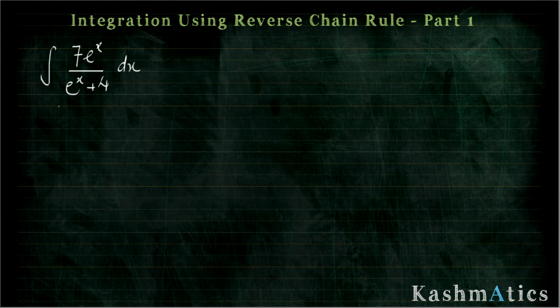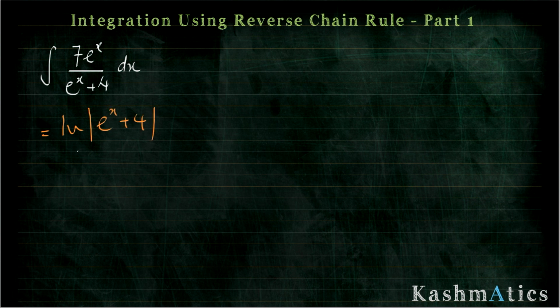Okay, and one last example. So again, we've got the same issue we had last time. The top isn't the derivative of the bottom. It's a multiple of it. It's 7e to the x. So what I need to do is consider the derivative of this.